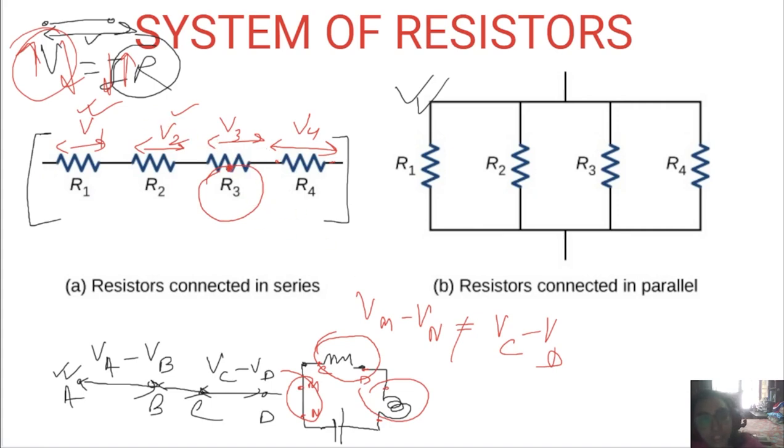So what you can understand from here is that the sum of the potential difference between all these points is equivalent to the potential difference of the whole circuit.